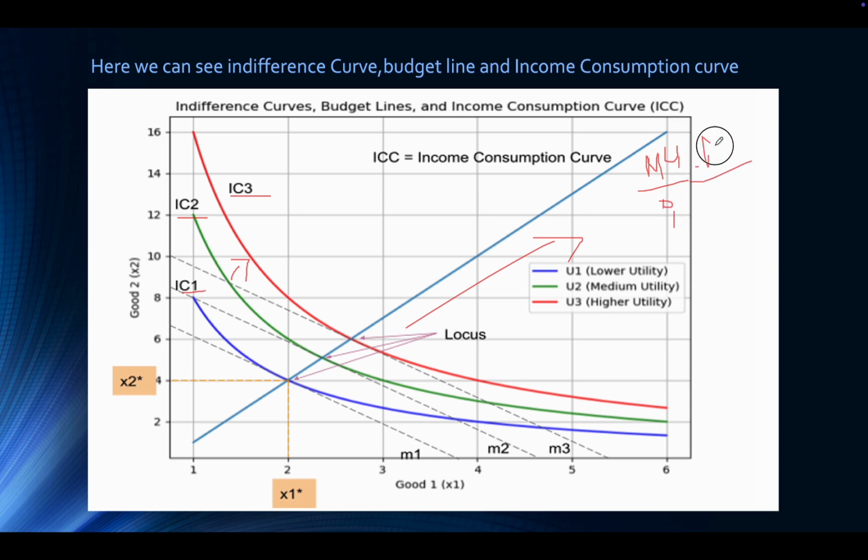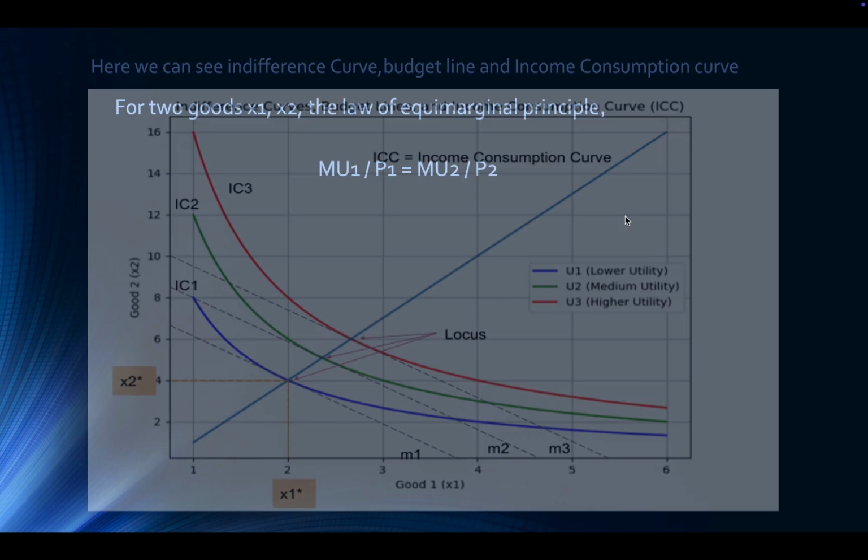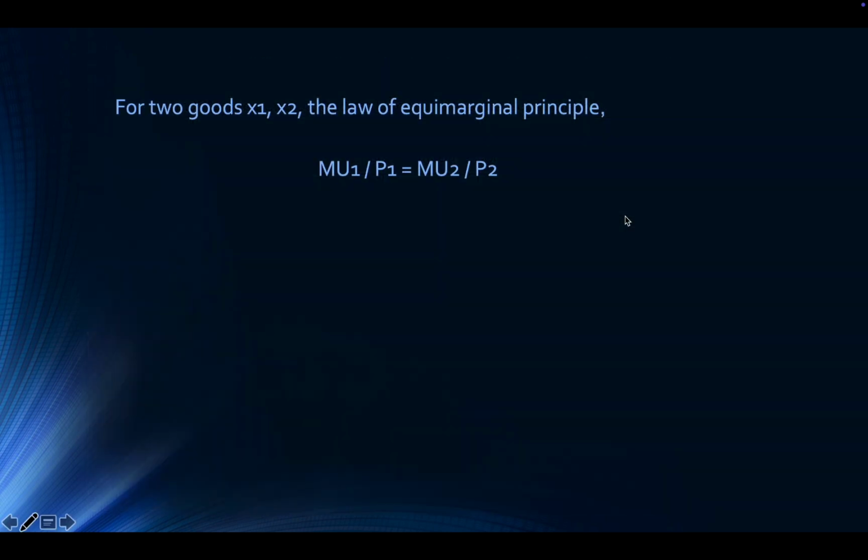Sorry for the handwriting, I am trying to write with my hands on a mobile phone. The key point here is that when income rises, the consumption of normal goods increases. The equilibrium point moves along the ICC, but the equimarginal principle remains valid. Here is the equation I have written earlier.